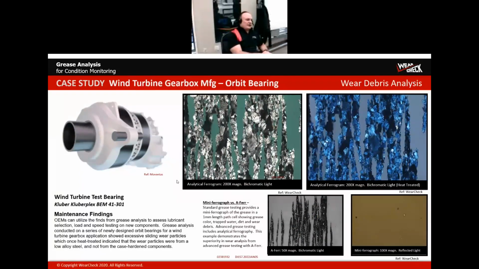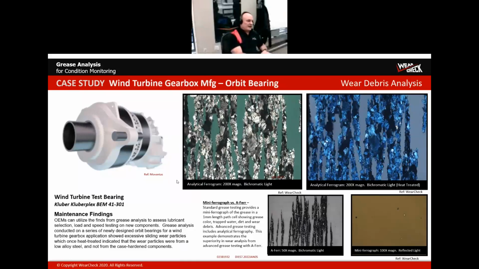Another interesting study. This is more of a study, in fact, rather than looking at something in production. This is a case study from a wind turbine gearbox manufacturer who's produced a new orbit bearing for their gearboxes.